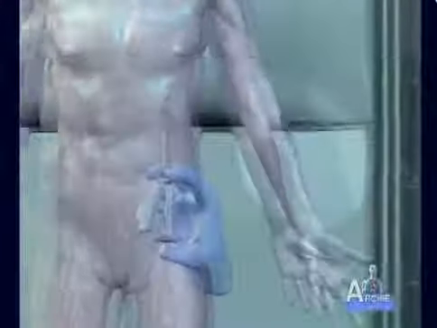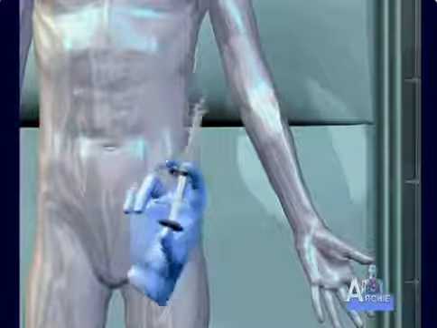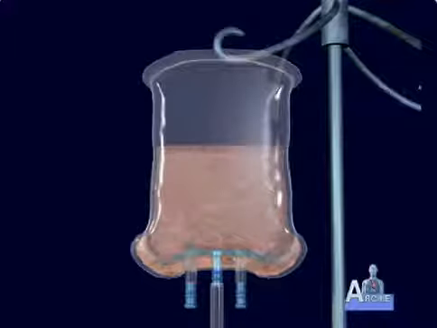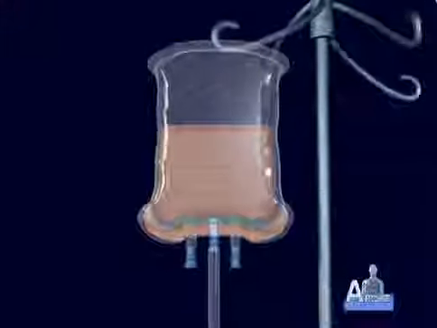The next line of therapy is to administer an anticoagulant, such as heparin, which is given intravenously and followed by a constant infusion.